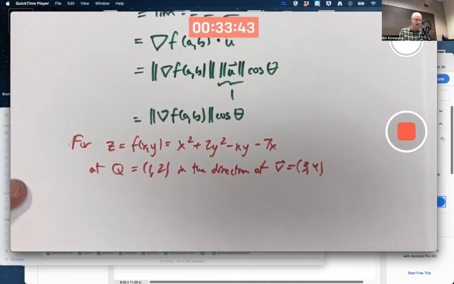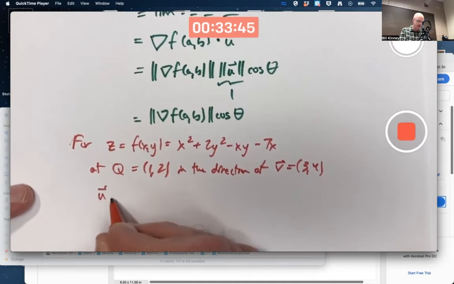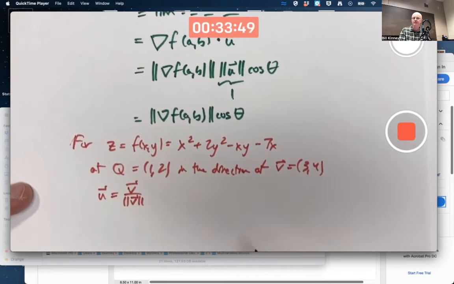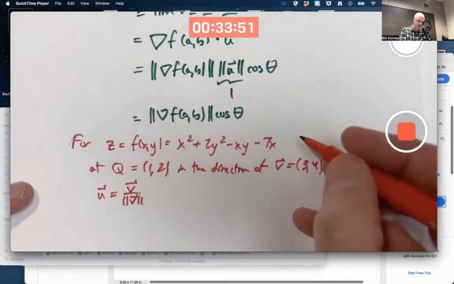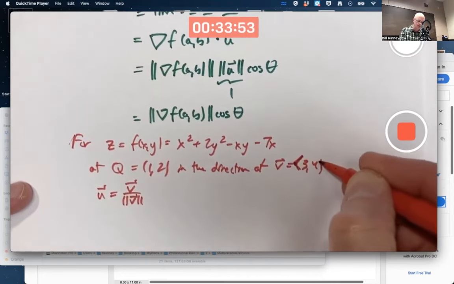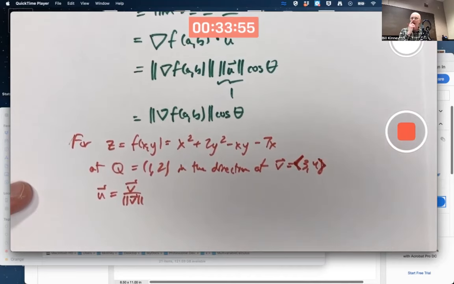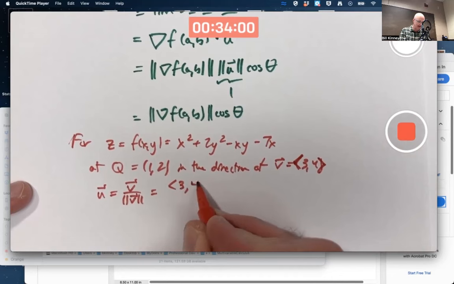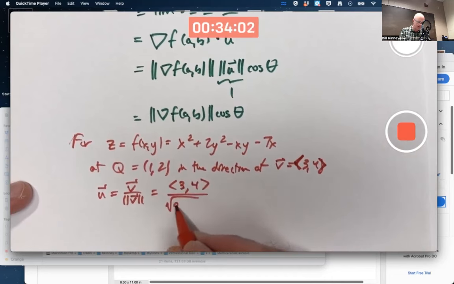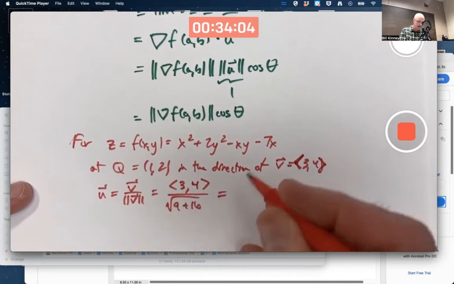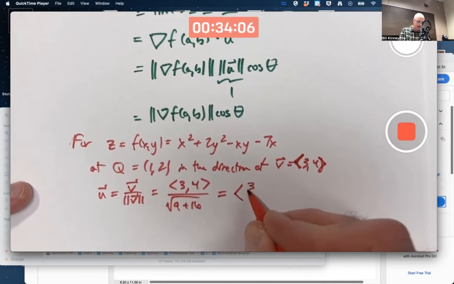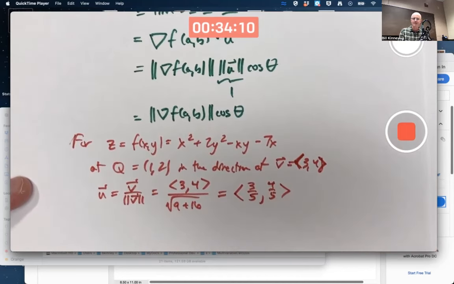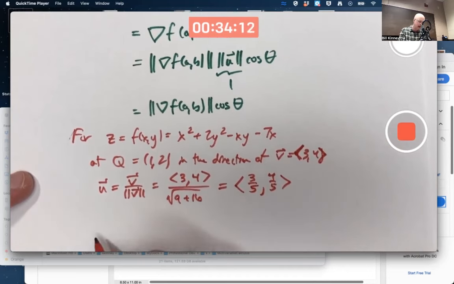The first thing to do is to find a unit vector in the same direction as v by dividing v by its magnitude. Oops, I need pointy bracket notation. Divide v by its magnitude. The unit vector in the same direction here is pretty simple. It's just that. What's the gradient vector?